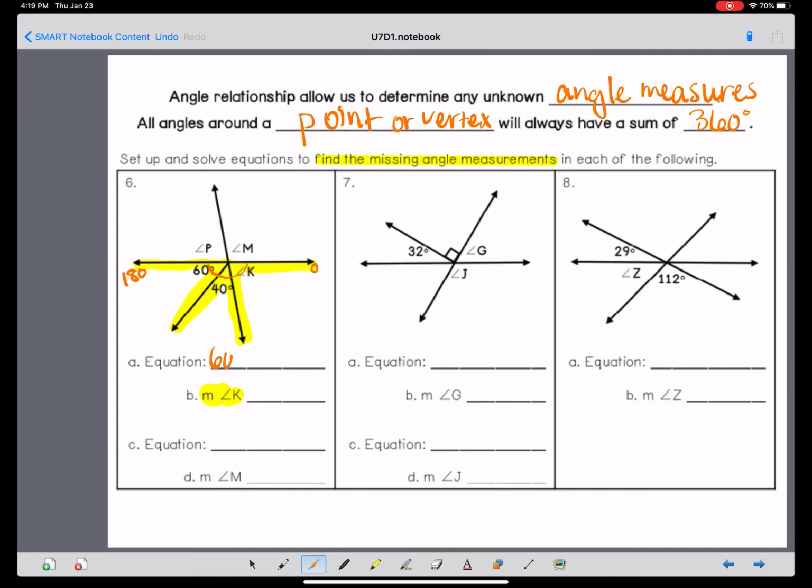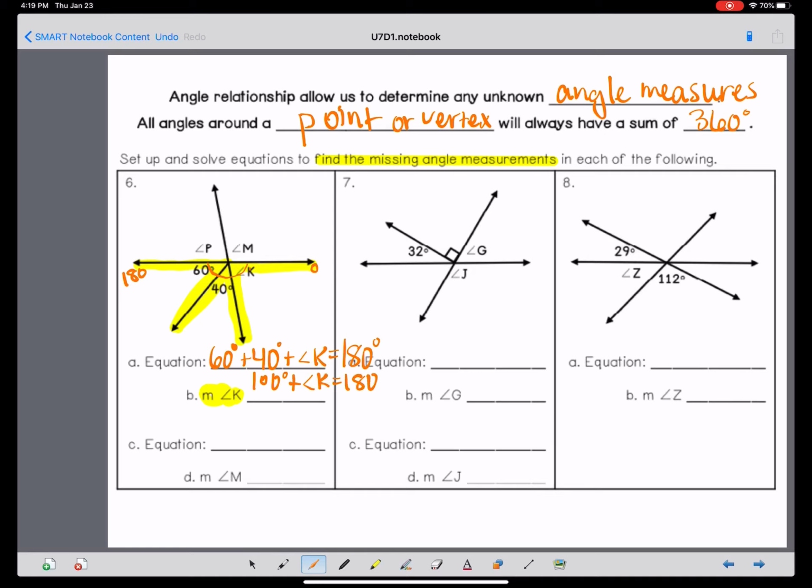If I add up 60 degrees plus 40 degrees plus the angle K, that will equal 180 degrees.